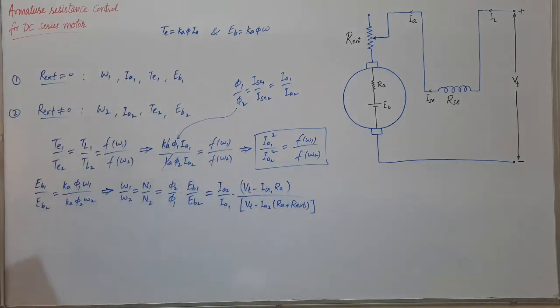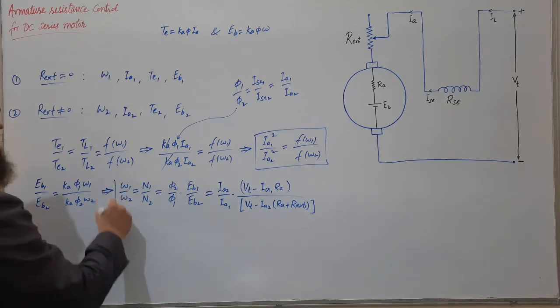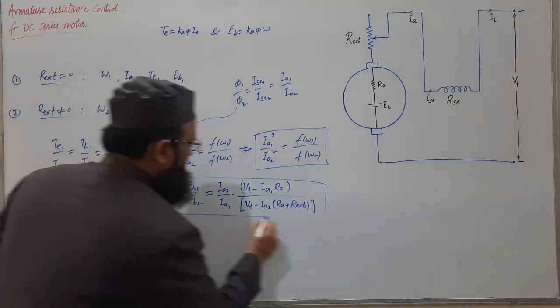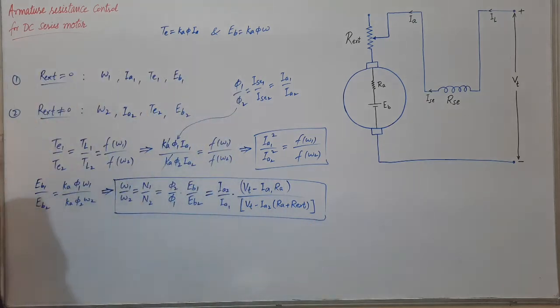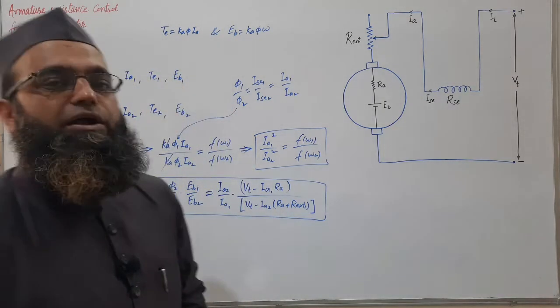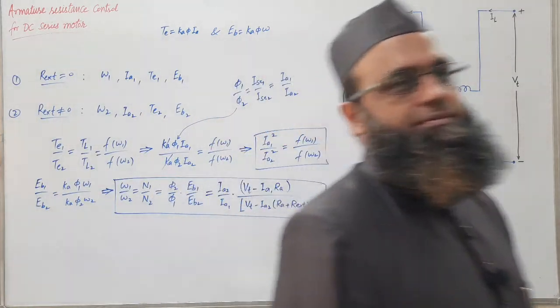Let's check it. So this way we have again derived two equations which are sufficient to solve any problem asked on this method of speed control. Thank you very much.